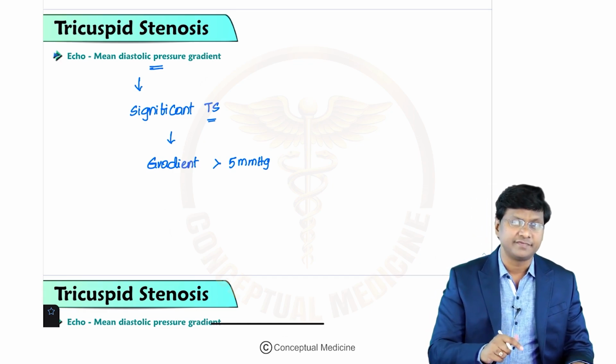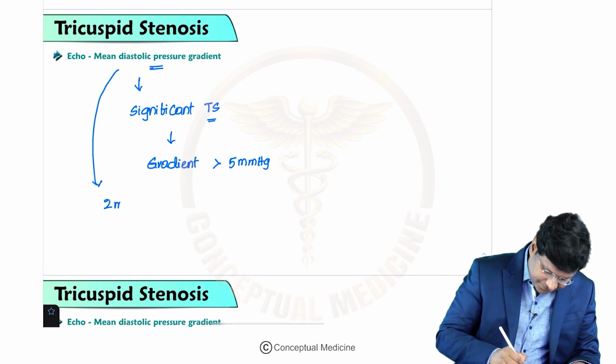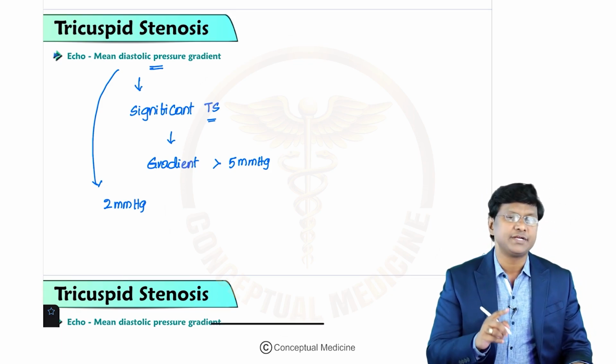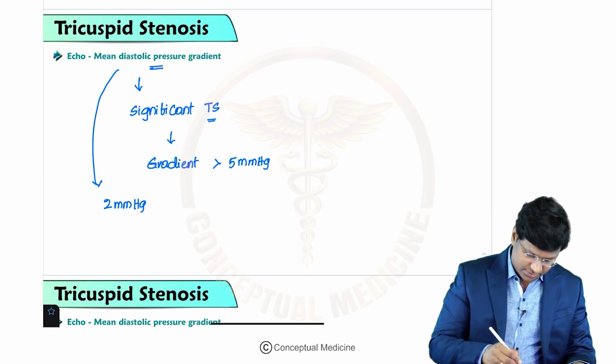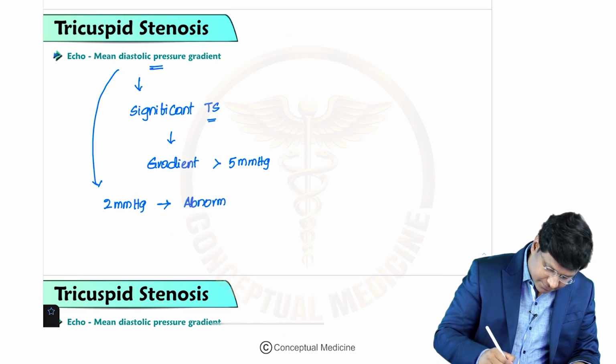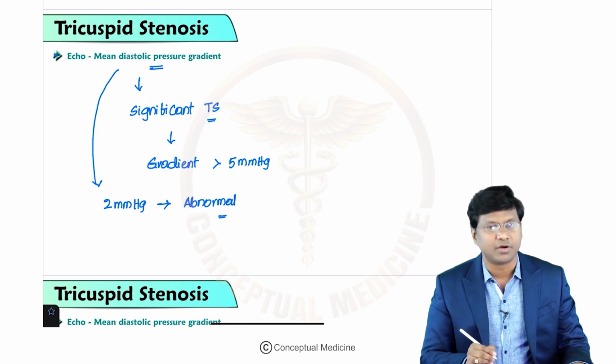And not only 5, even if the gradient is 2 millimeters of mercury, this can be considered abnormal.